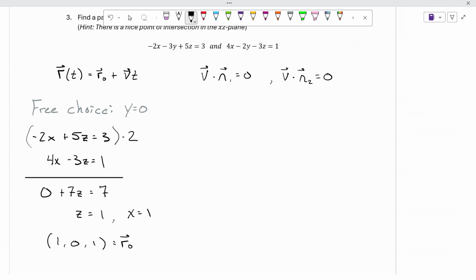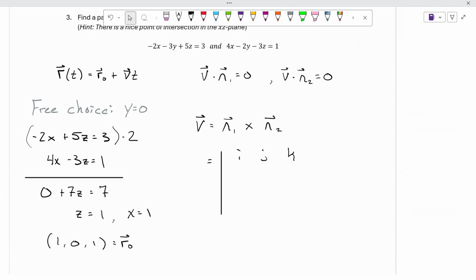And if I need a vector that's perpendicular to two other vectors, I think the best way to find that vector is to take a cross product. So v, the vector that I want to find, should be the cross product between my two normal vectors, which should look like the following. i, j, k goes across the top row.